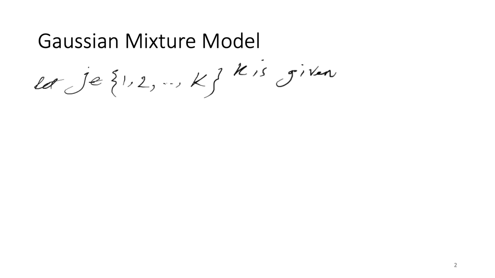All right. So let's just have another recap for Gaussian mixture model, or GMM. So we define j as one of the number of the classes, 1 up to k. So j could be 1, 2, or k, and normally we have k known to us, so k is given.